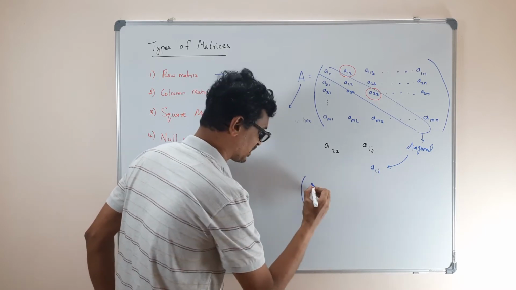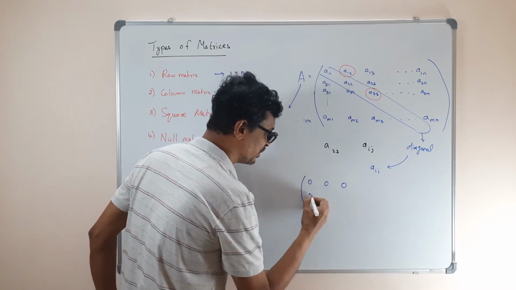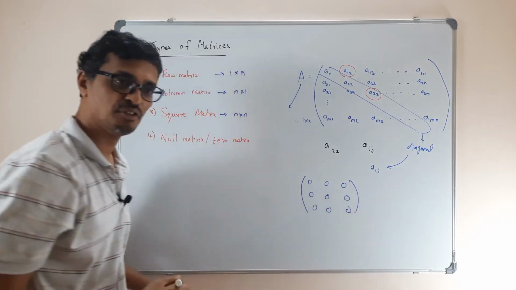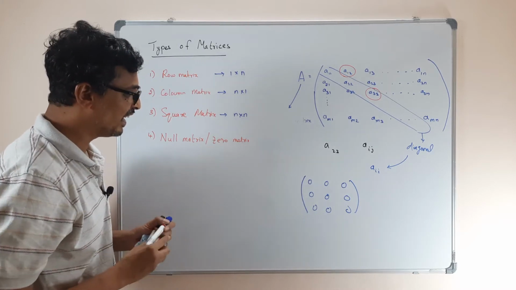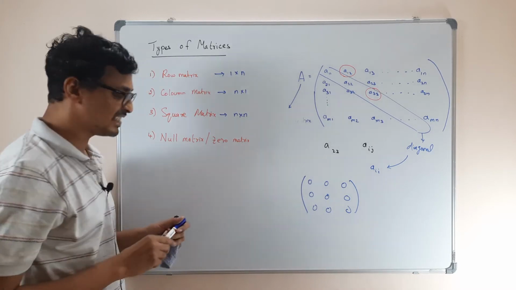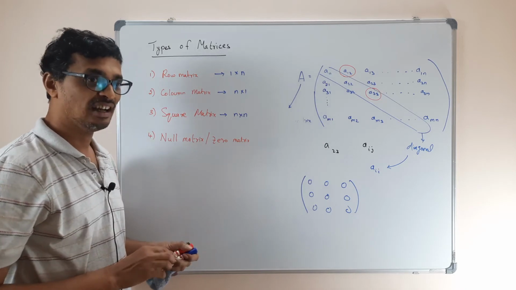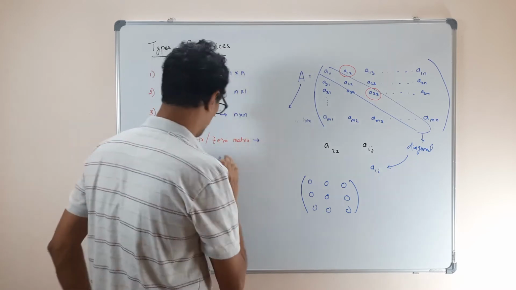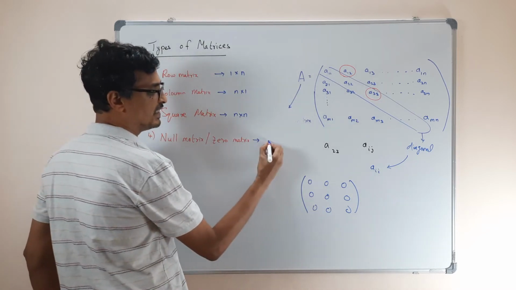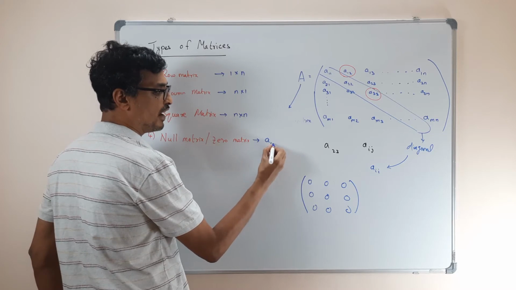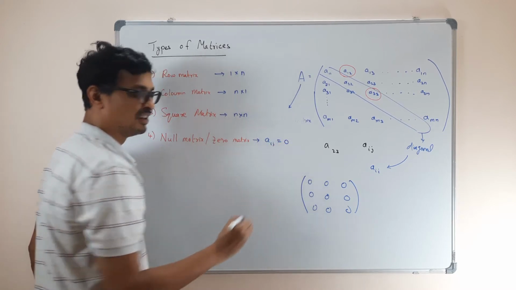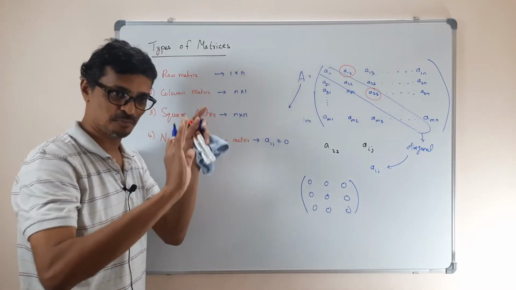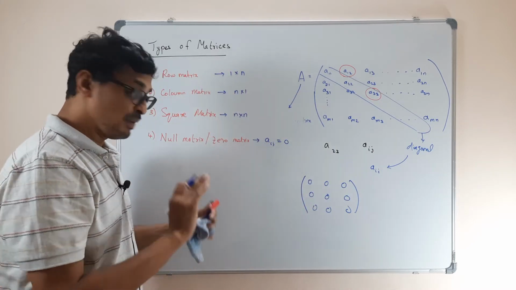Suppose you have a matrix with 0, 0, 0, 0, 0, 0, 0, 0, 0. Such a matrix is called a null matrix. Why do we need it? We will see, for completeness. The null matrix definition is that any element A of ij is equal to 0 for all i and all j. That means all elements are 0.